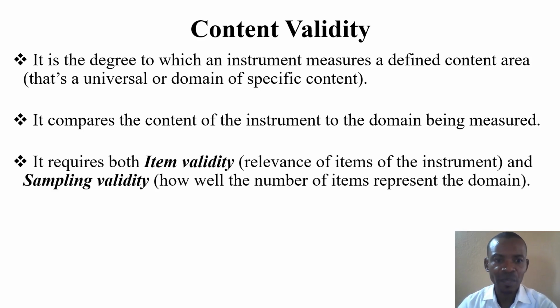Now, it simply tells that content validity requires both item validity, which means the relevance of the item of the instrument to the content or to the domain being measured, and it also requires sampling validity, which measures how well the number of the items in that instrument actually represents the domain.